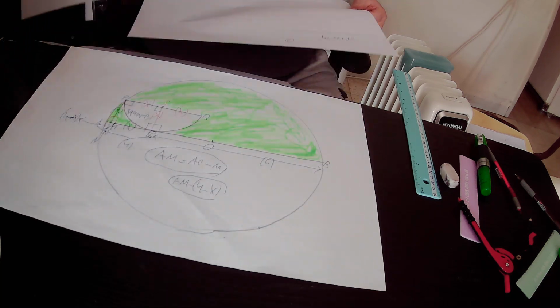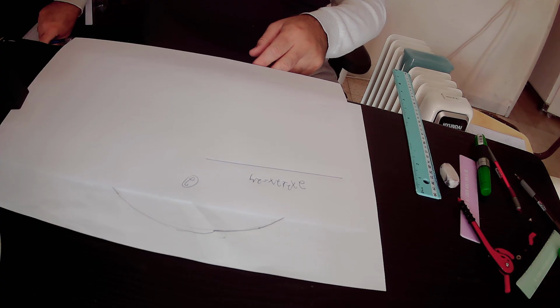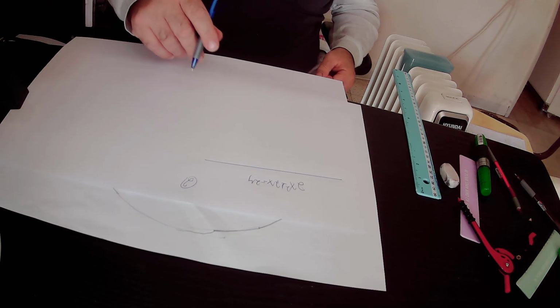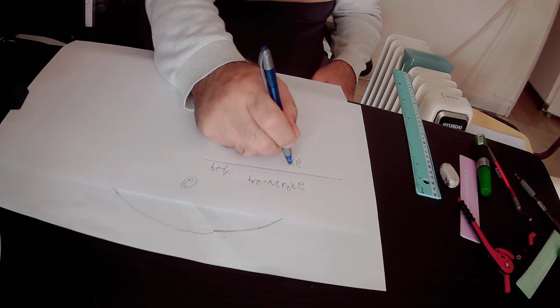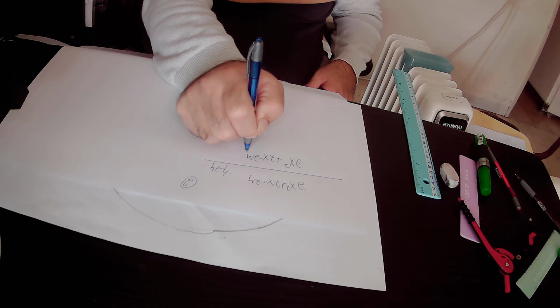And again, we found out that 2x squared plus 2x equals 24. So here we subtract 24 from this equation, and finally get 2x squared plus 2x minus 24 equals 0.